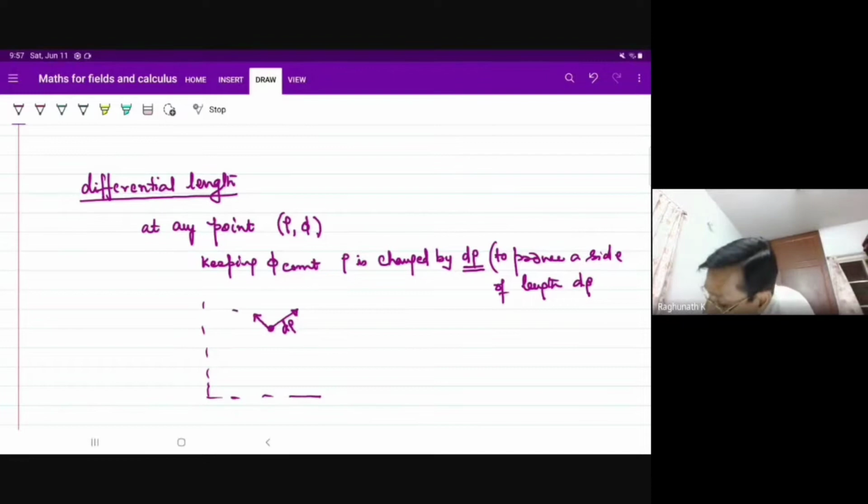I am moving along a circle of radius rho. I am changing only the angle by only d phi. Actually, when I change the angle by d phi, keeping the rho constant, I will produce a straight line only, which is the arc of the sector subtending that angle at the origin.